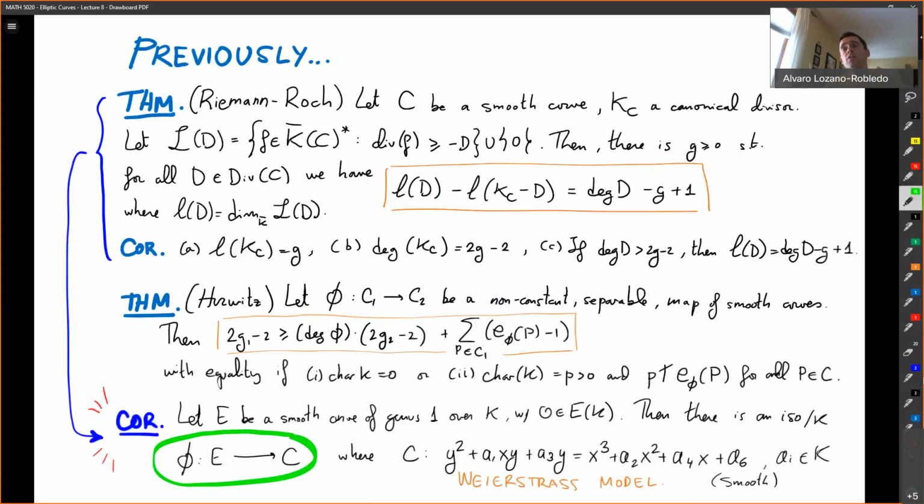If you think of it in terms of function fields, it is the same function field, but the generators of the function field in the Weierstrass model are x and y related by this model.